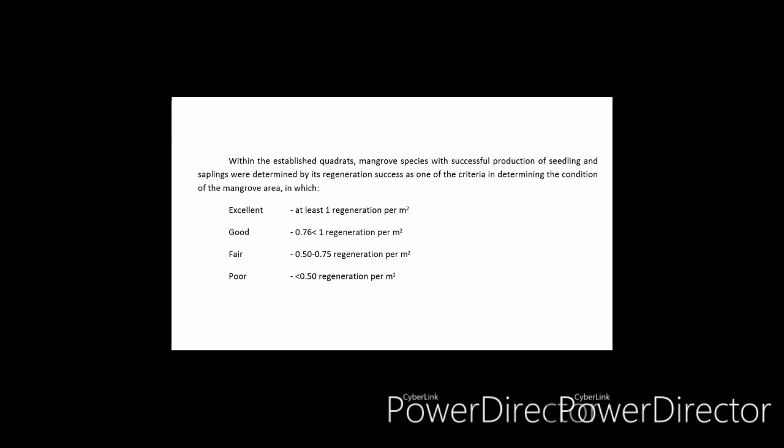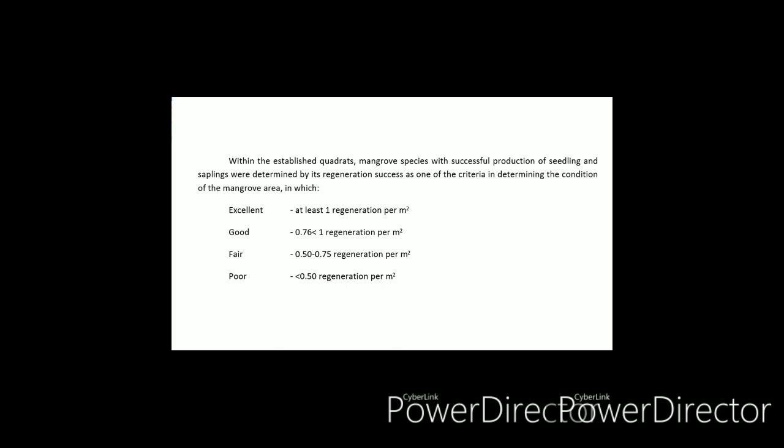Within the established quadrats, mangrove species with successful production of seedlings and saplings were determined by their generation success, one of the criteria in determining the condition of a mangrove area, in which excellent is at least 1 generation per square meter.